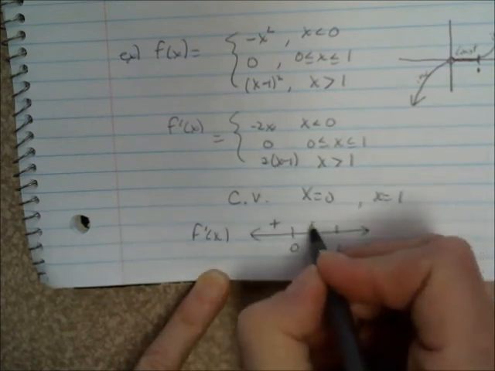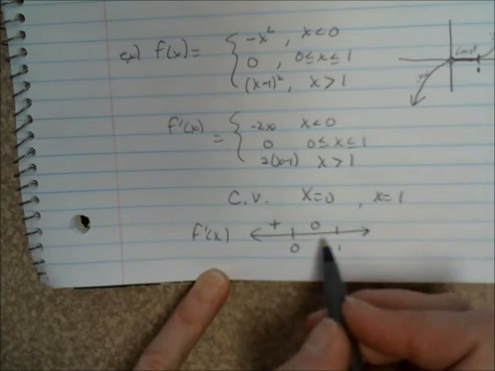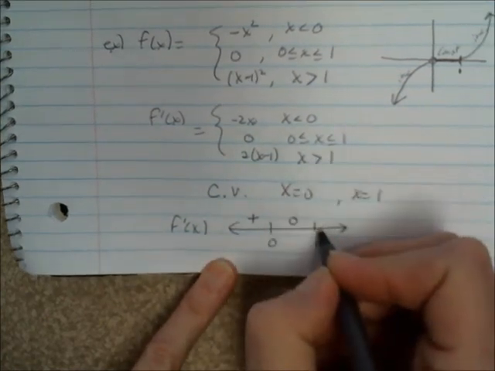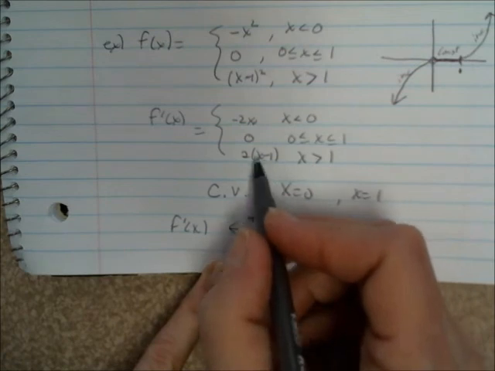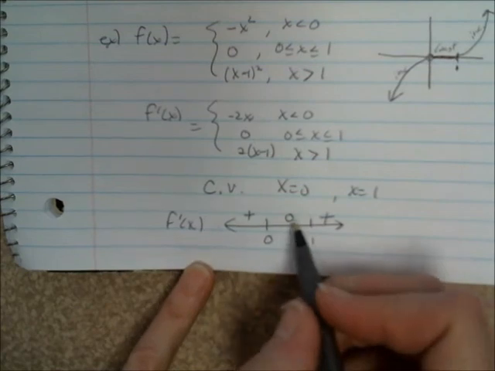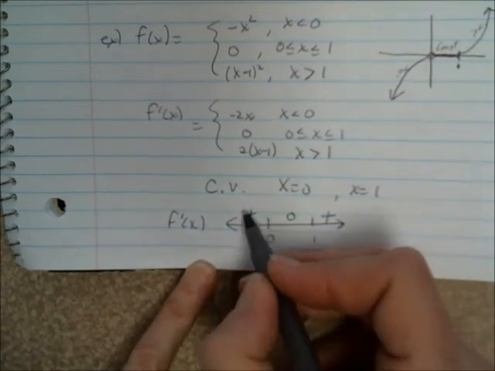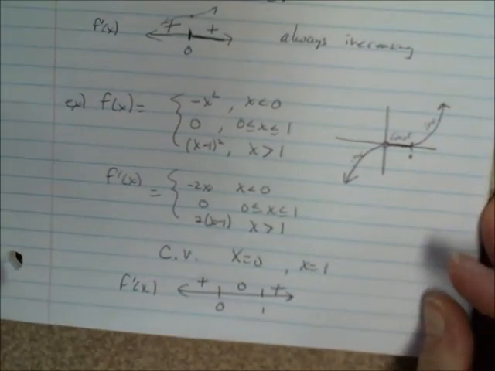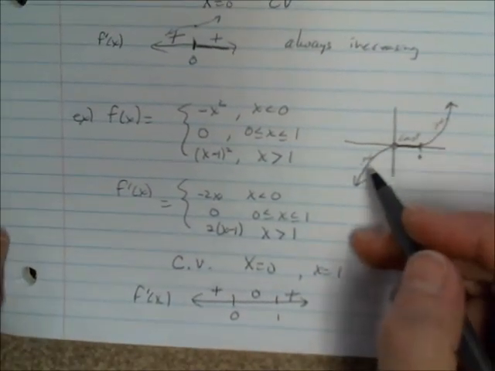This derivative is 0 here for this whole area between 0 and 1. And when x is greater than 1, if you plug in a number greater than 1, 2 times this positive number would give you a positive. So you know the shape of this graph would be going up, it would flatten out, and then it would go up again, just like what we saw when we graphed this.